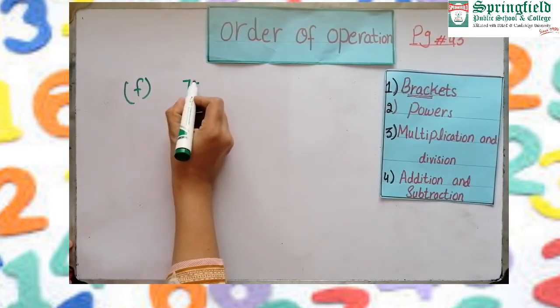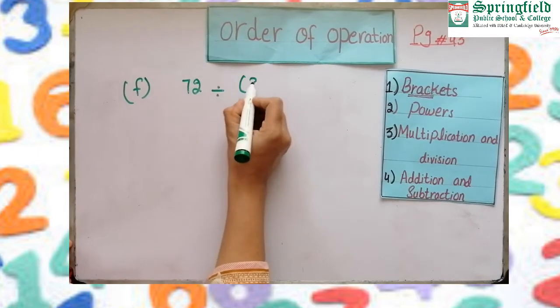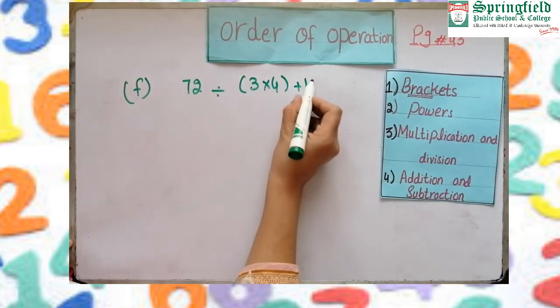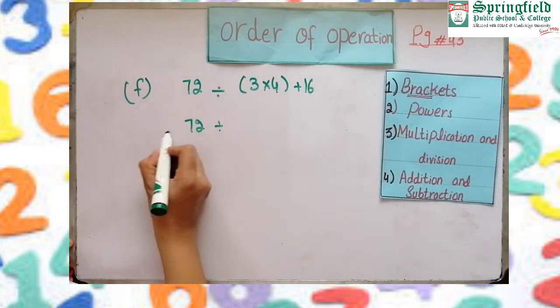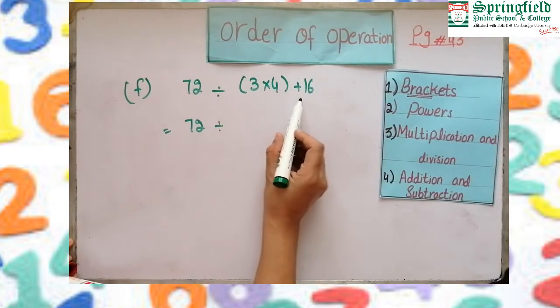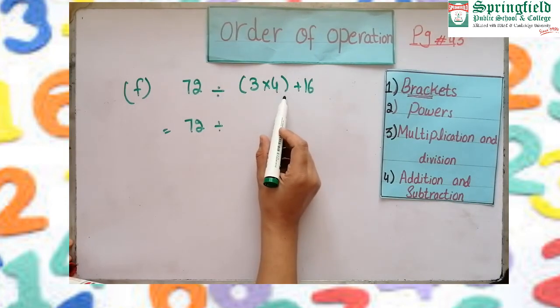The F part is 72 divided by 3 multiply 4 plus 16. Look at this expression. In this expression, division, multiplication and addition signs are used. So what will we solve first?